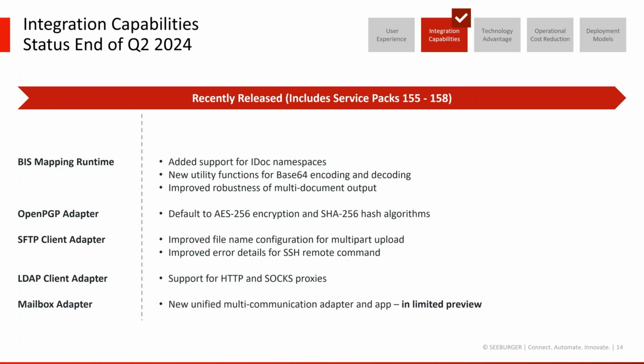So we provide access to it through FTP as well as SFTP, through a browser app, through a REST API, and also in the future through our new BISLink agent that is also in development currently.